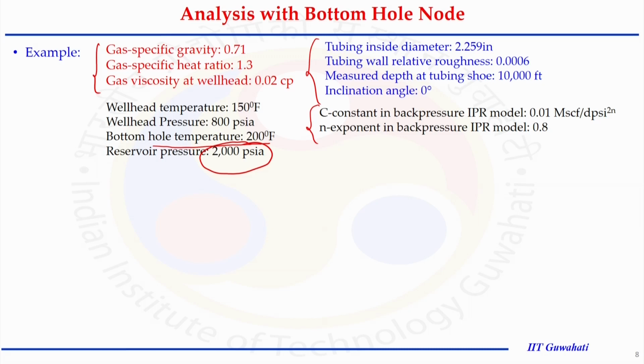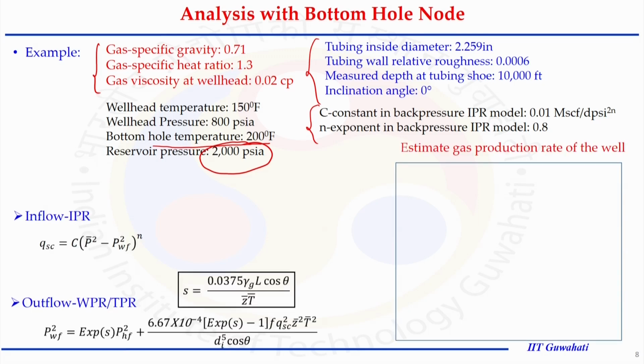So, we can choose the IPR in the form of P square, and that is like here. So, the inflow curve is the IPR in the form of the pressure square approach in a back pressure form. The outflow equation is the WPR for this case, because with the information given to us we can construct the WPR curve also.